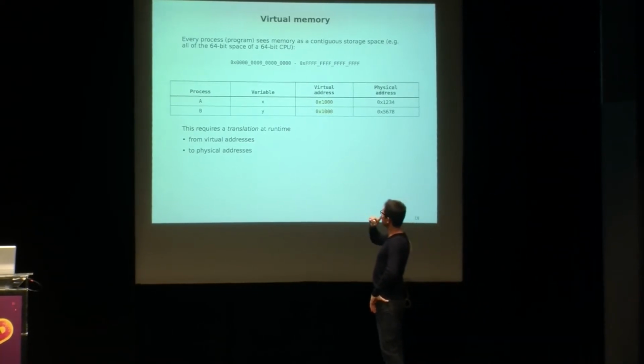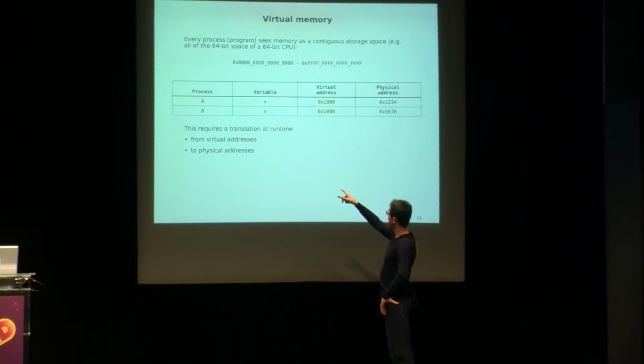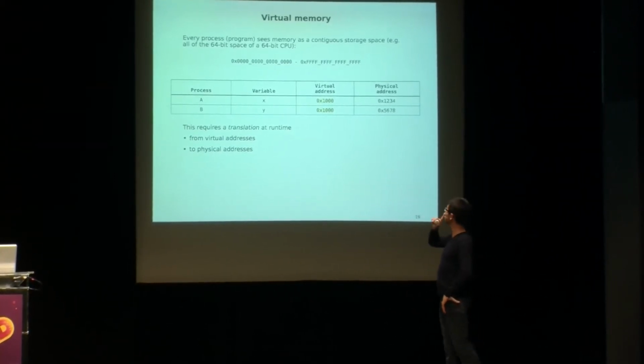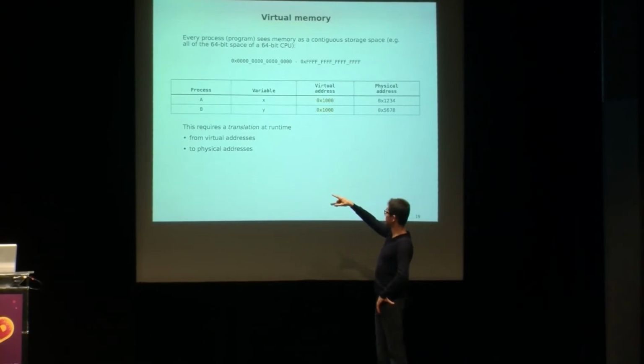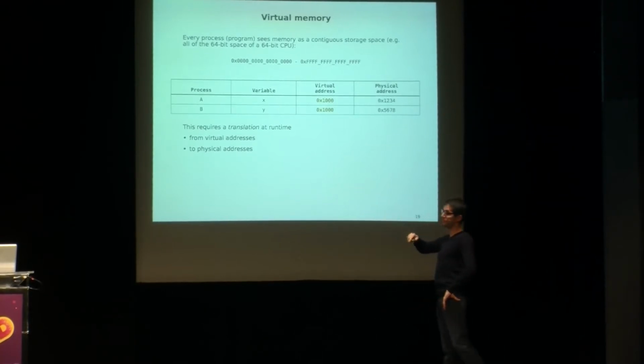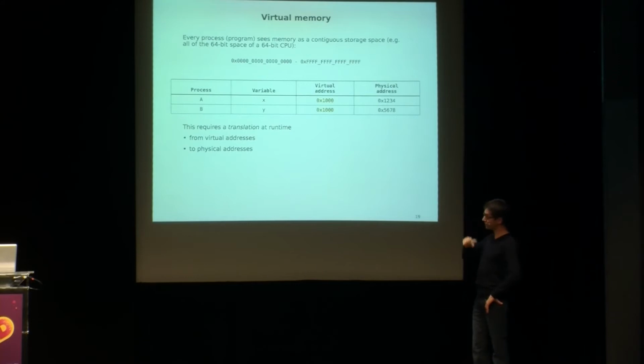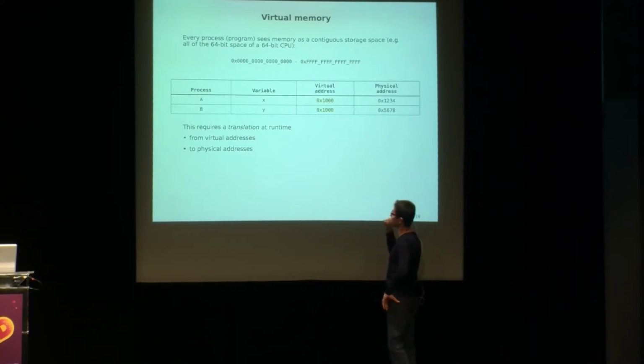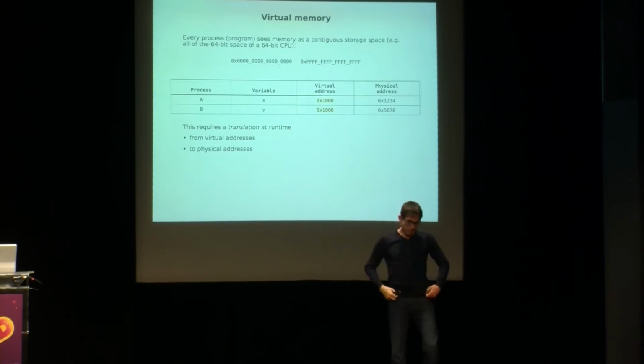For example, a process A may have a variable X at virtual address hex 1000, or a process B has its completely unrelated Y at hex 1000, but on physical memory, those 2 variables may be sitting in completely different places.